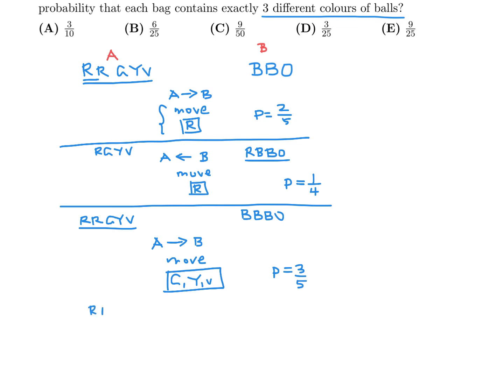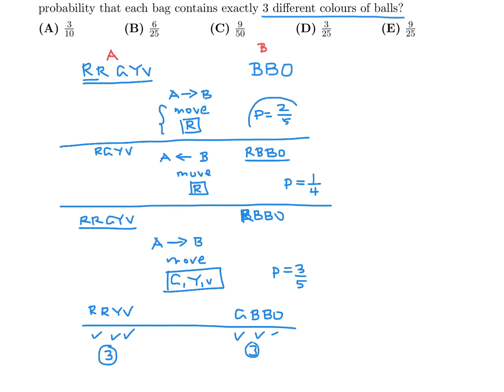He would be left with R, R, Y, V, and Becca would have, sorry, I believe this should be an R, sorry about that. And this will be G, B, B, O. Now, does this final state satisfy what the question is asking? Each person has 3 different colors. There's a red, there's a yellow, there's a violet. That's 3 different colors. There's a green, there's a blue, there's an orange. That's 3 different colors. Okay, done.